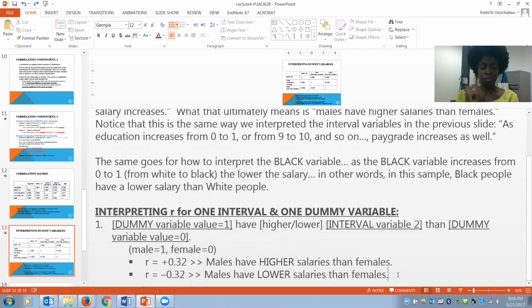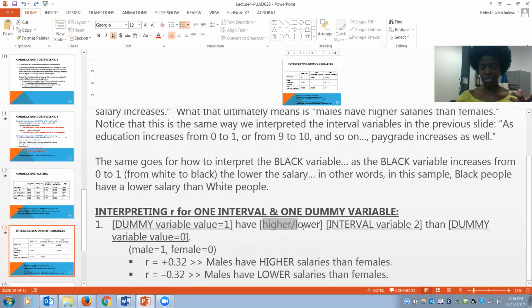Okay, so let's do it for race. We had black equals 1, white equals 0. So what would we do here? It was 0.23 or something like that, so it was negative 0.23. Black equals 1.